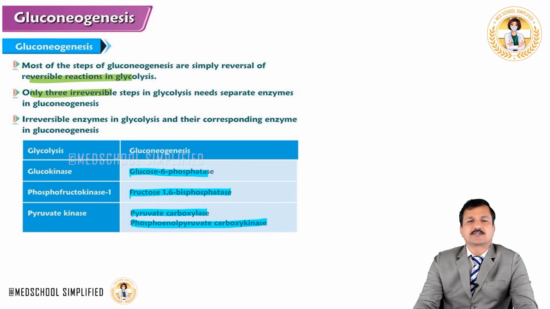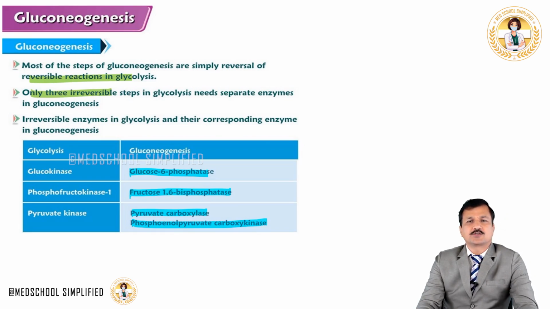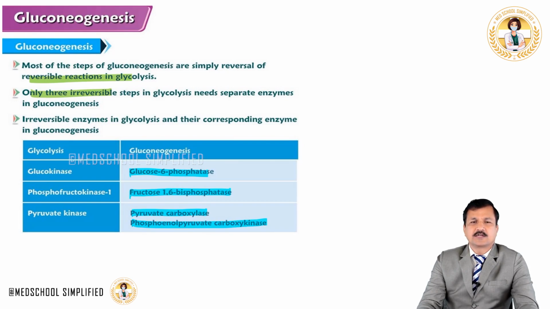These are taken care of by separate enzymes that reverse them: glucose-6-phosphatase for glucokinase, fructose 1,6-bisphosphatase for phosphofructokinase 1, and pyruvate carboxylase and phosphoenolpyruvate carboxykinase for pyruvate kinase. You have to remember all of them, and that's how we learn how gluconeogenesis reverses pyruvate back into glucose.